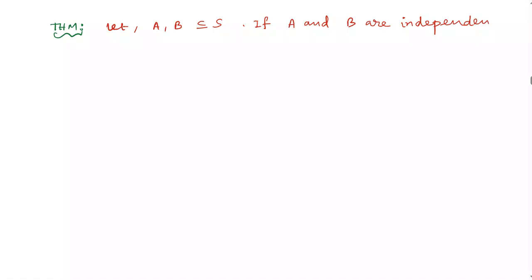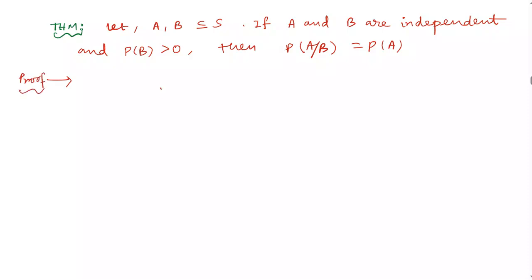If A and B are independent and P(B) is greater than 0, then the probability of A given B is the probability of A. Proof? It is very easy.